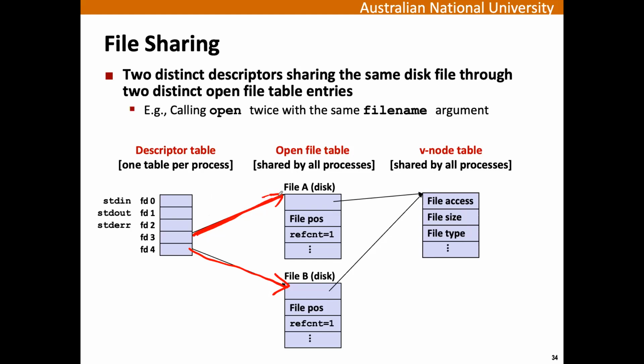They both have distinct descriptors and distinct entries in the open file table, but they both point to the same entry in the vnode table. So the vnode table is the structure that maintains one data structure for each unique file.